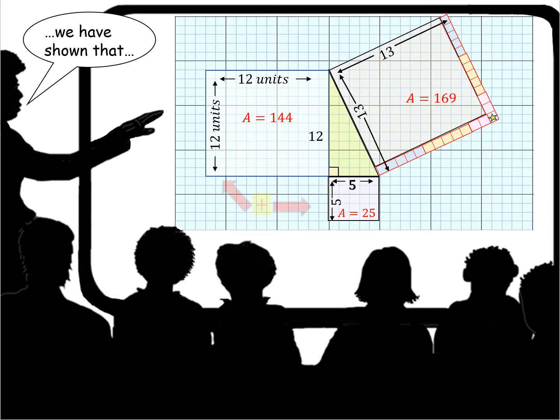So we have shown that the areas of the squares on both sides of the triangle, the sum of those squares, are equal to the square that is along the hypotenuse.